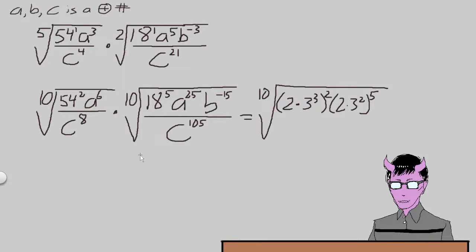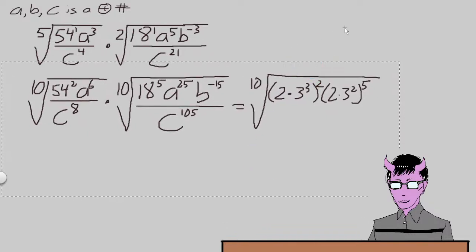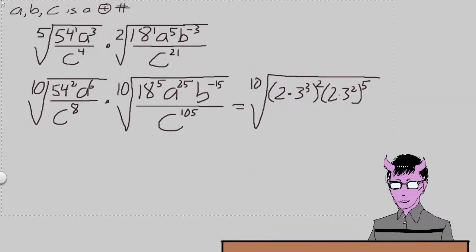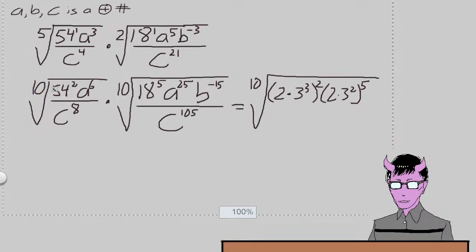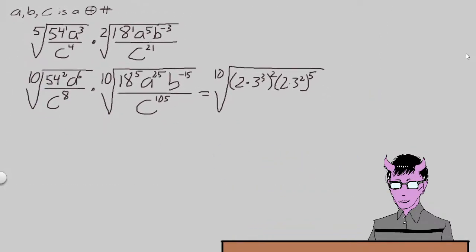Delete the intermediate work. Let me shrink this, or move and then shrink. So what have we done so far?